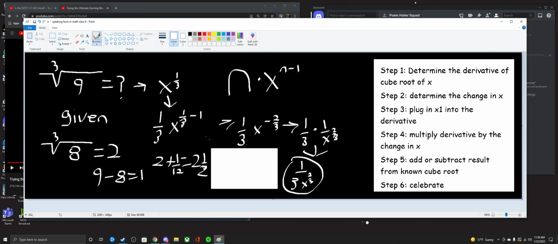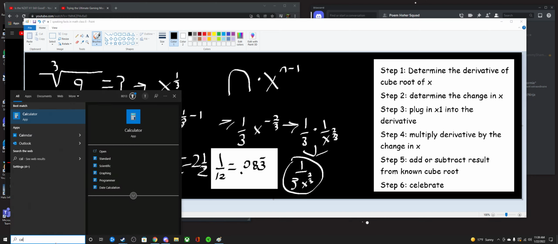So you get 2 and 1/12. 1 over 12 is equal to 0.083 repeating. So that tells us that the estimated cube root of 9 is approximately 2.083 repeating.